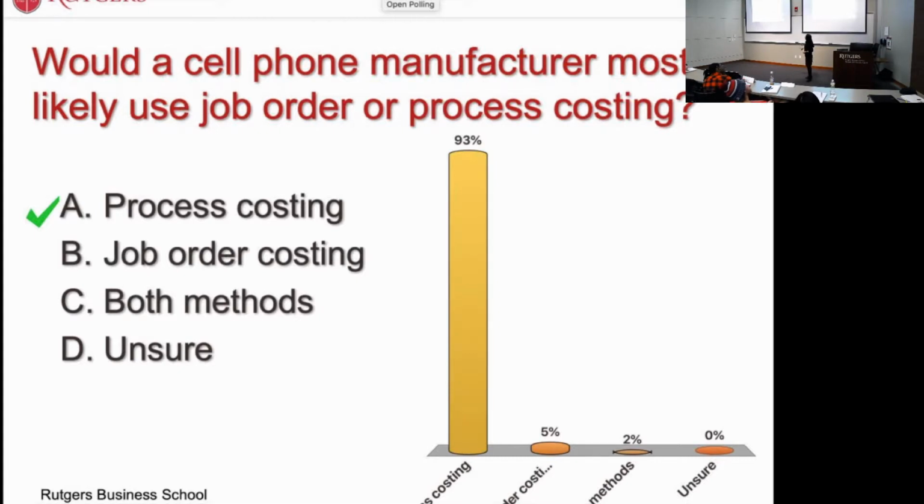Let's say iPhone. Apple produces iPhone X, XS, XR. For each batch, they are kind of homogeneous, right? And I put the words most likely. As I said, they may accept some special orders, but it's not their main product line. So here we choose the one that's most likely.